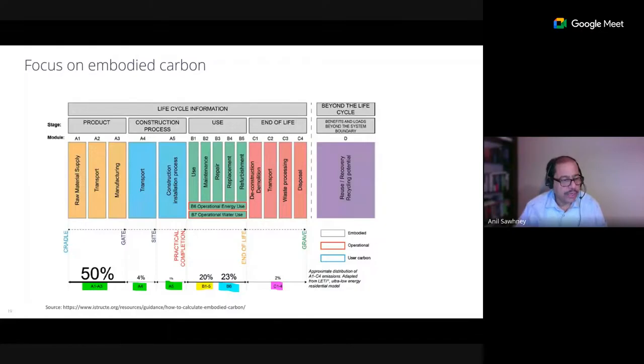Another way to look at it, if you really want to understand something very simple and basic, maybe at a concrete beam or a column level embodied carbon calculation, you can go to this simple guidance from iStructE.